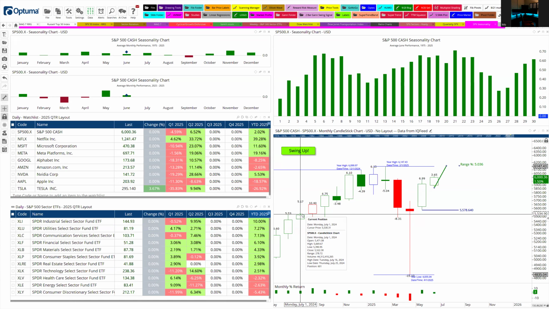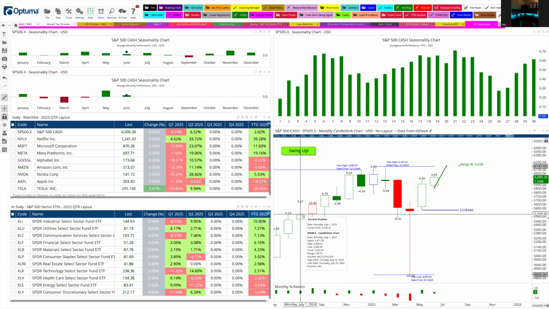But what you're trying to do is project the upside based on the previous range that you had. You just take the average of all the previous months and say, okay, if I am bullish, what upside could I expect if we have a higher bar?